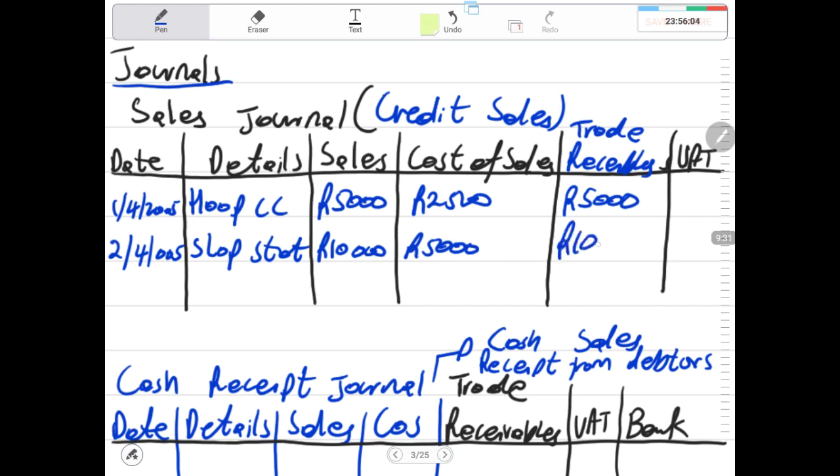Then because the customer is owing us the amount we sold the inventory to him for, under the trade receivables, we record the amount of the sales, which in this case will be 10,000. Then that will become the total. So here we record the total of 15,000 rands, which is the total of the sales.